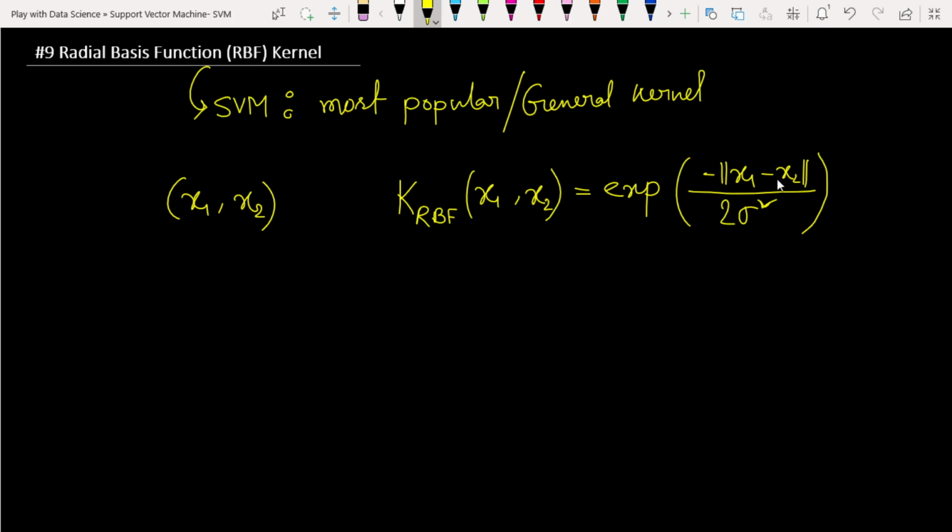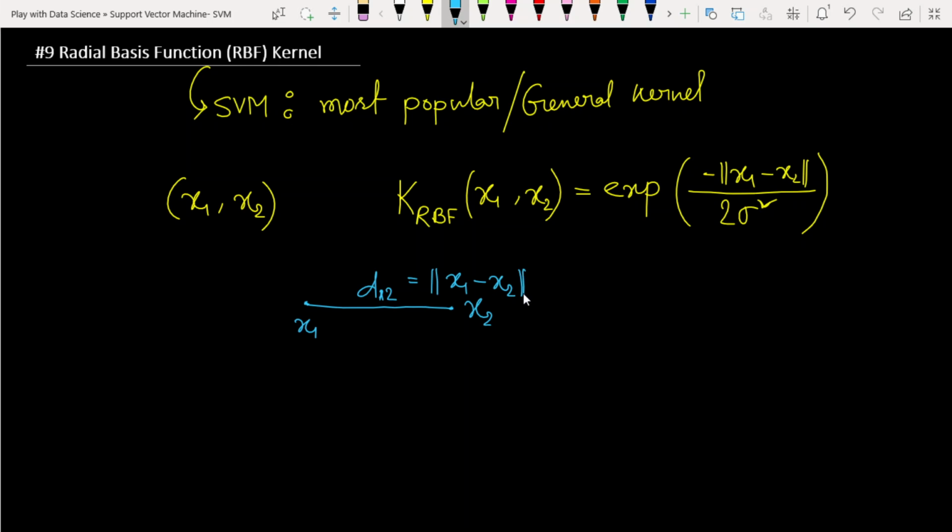Before avoiding the complexity of this equation, we take the distance between the two points. Suppose this is our x1 point and this is our x2 point. We simply call this distance d12, which is nothing but the norm distance of x1 minus x2.